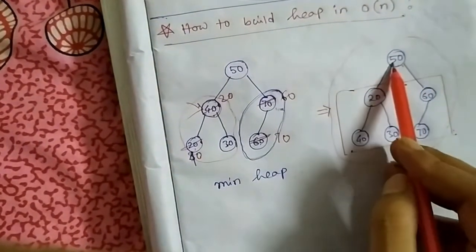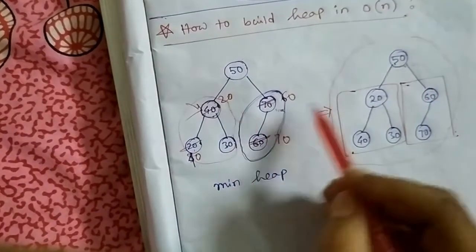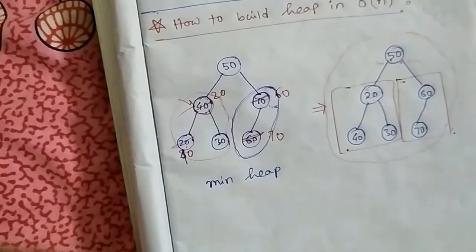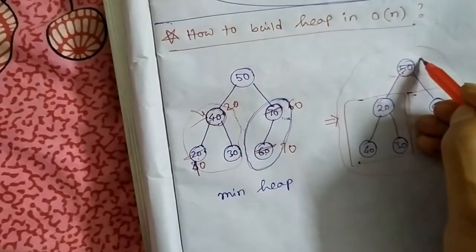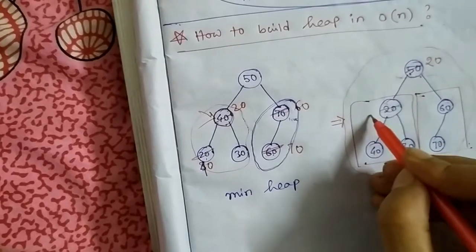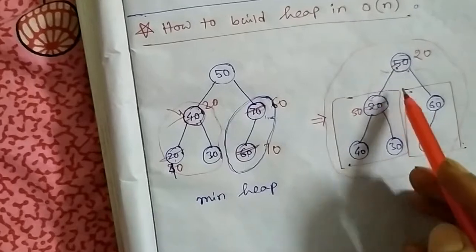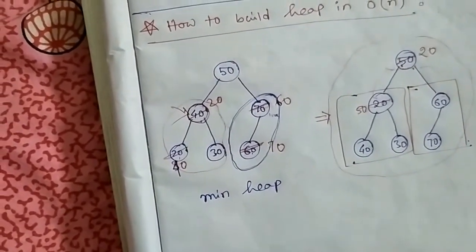Though 50 is less than 60, 50 is greater than 20. So this is not a min heap. So I have to replace 50 by 20 and keep 50 here, and I will check again. I have to check it recursively until we reach the leaf node.